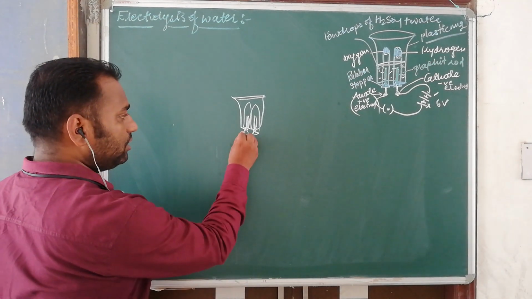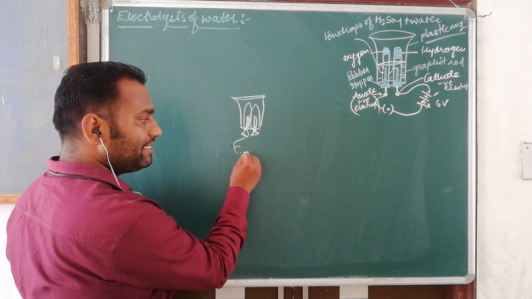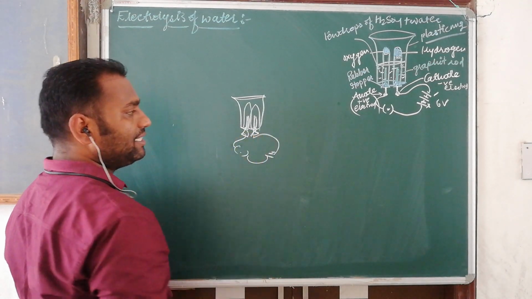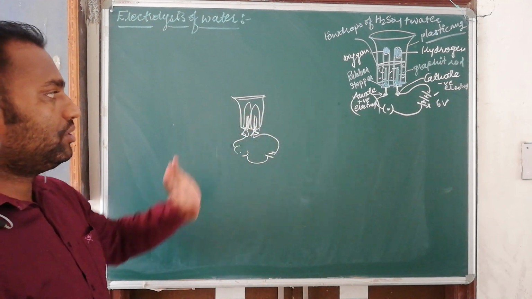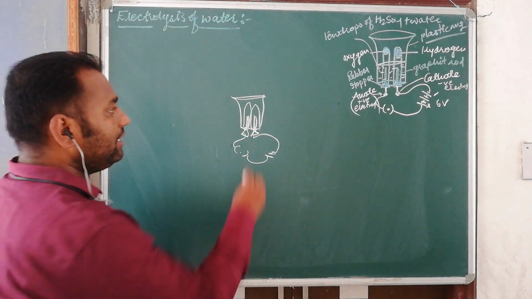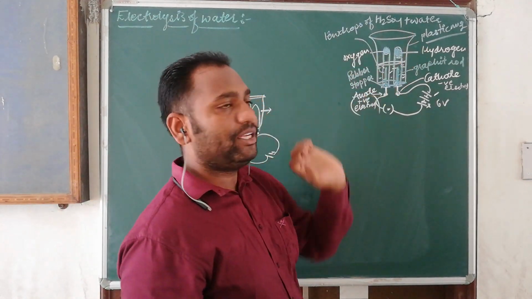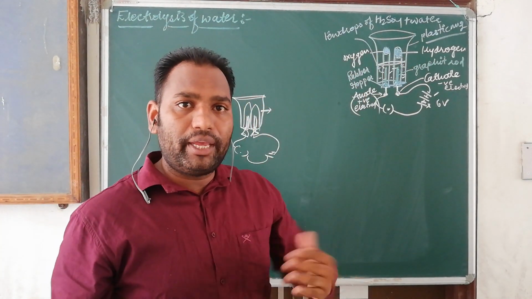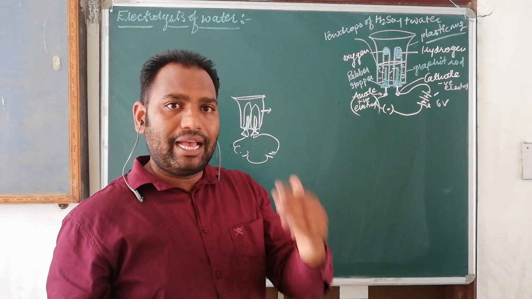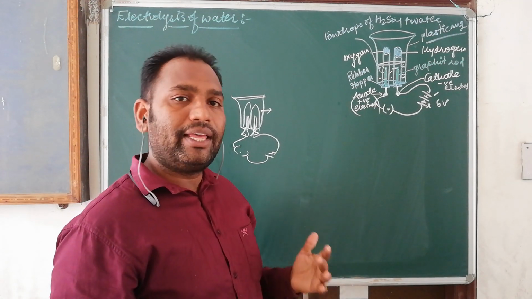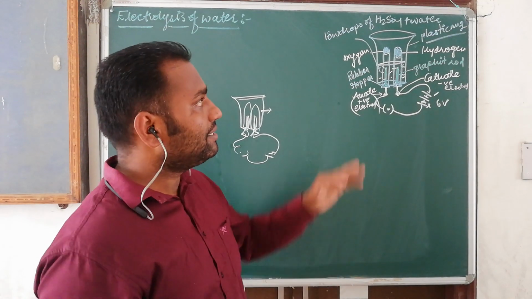From that we take one wire, one key, and one 6-volt battery, connected with the other electrode. In this solution we add a few drops of H2SO4 to make a good electrolyte. Acids are good electrolytes, so they can carry out electrolysis with water.